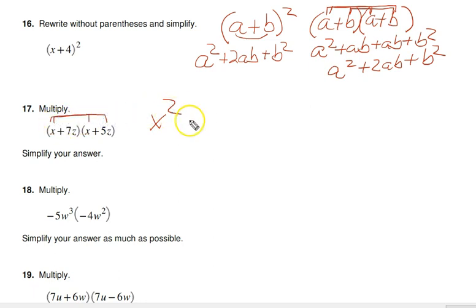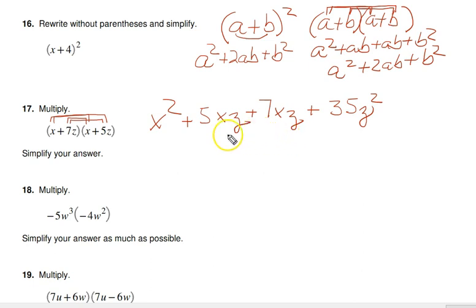Outers, a positive 5xz. Inners, a positive 7xz. And then last, a positive 35z squared. And we have like terms in the middle, so this is x squared plus 12xz plus 35z squared.